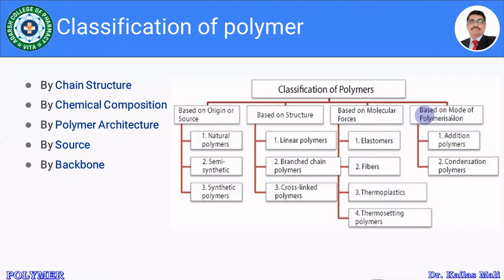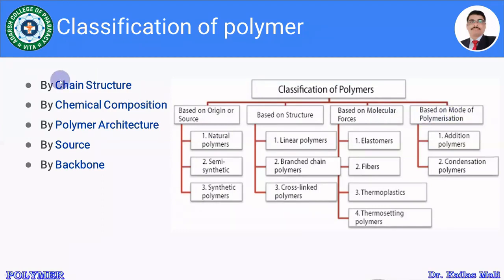Based on mode of polymerization, it can be further classified into addition polymers and condensation polymers. These are the methods by which the polymers are prepared. So the polymers can be classified broadly according to their source, structure, molecular forces, and mode of polymerization.